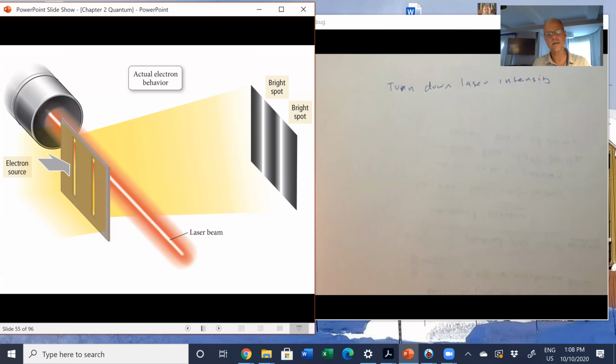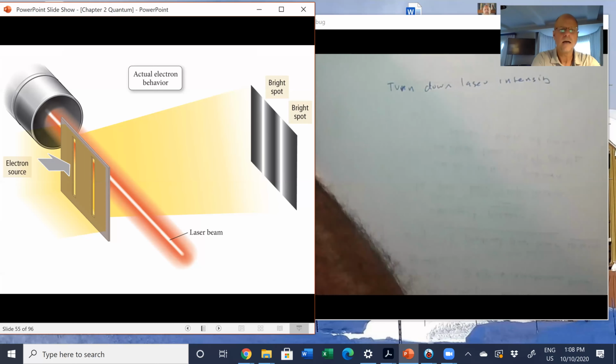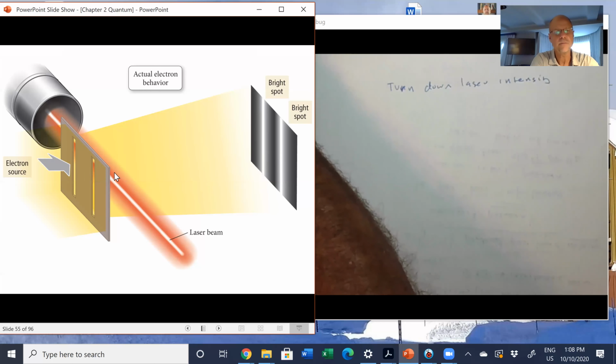Initially, when we start turning down the intensity, there's no change, right? Every time we hear a click, we see a flash. The flash comes from 1 or 2, never from both at once, and we don't get an interference pattern. All right, we get just P1 and P2.